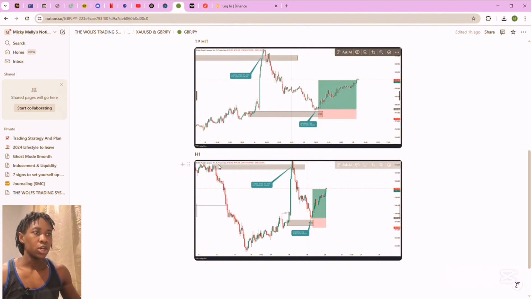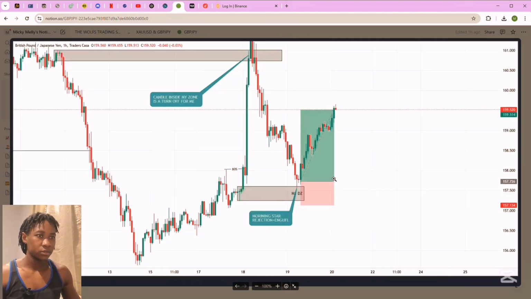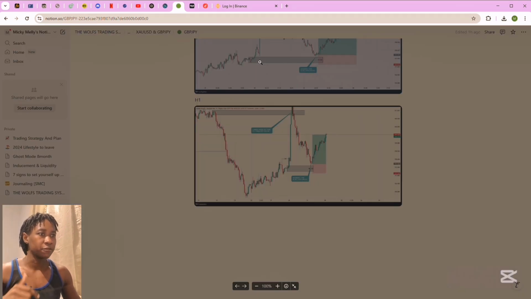You can see this was the 1 hour analysis. I took this particular demand on this doji, entire one. Price tapped into it, Morningstar rejection plus engulf. You can see, that was inside the 15-minute time frame.